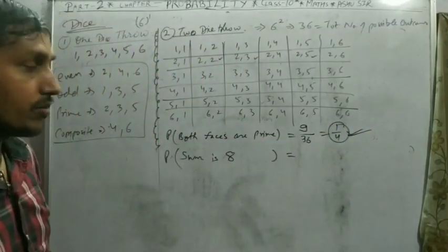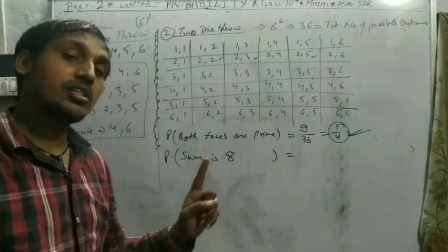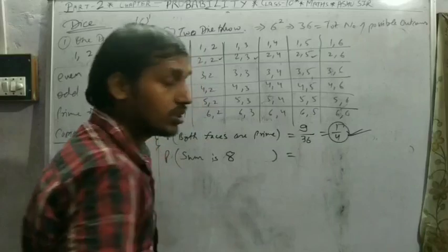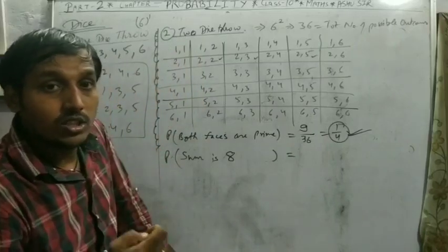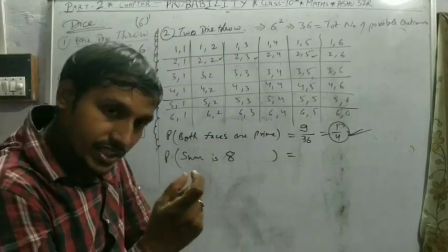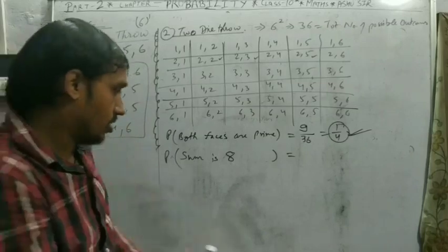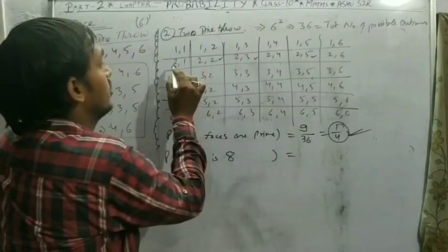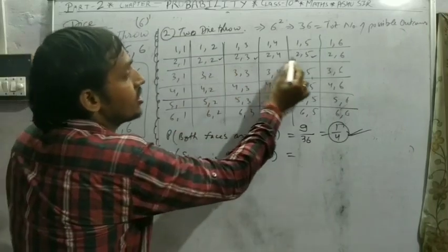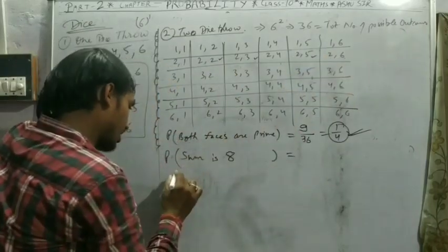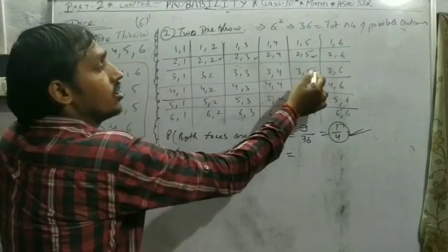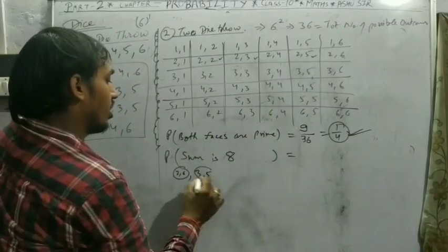Now the second question: the sum is 8. What does sum is 8 mean? When we throw 2 dice, the sum of the facing numbers is 8. In the first line, 1 plus 6 is 7, so none. In the second line, 2, 6, 8. In the third line, 3, 5, 8.